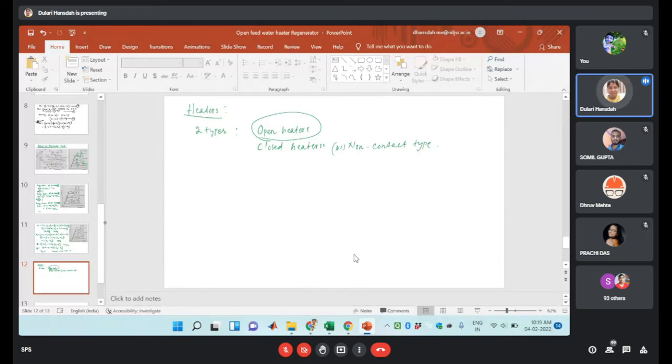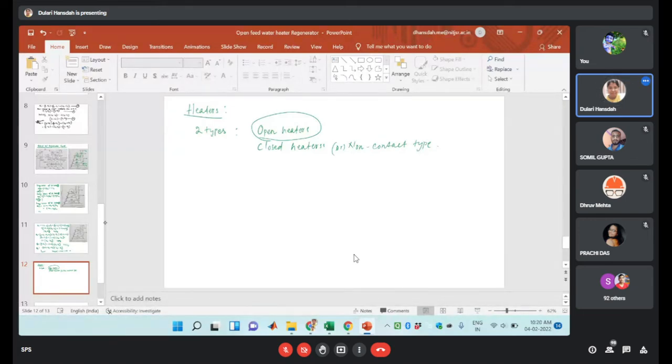In this case, the feed water will flow through the tubes, and outside of the tubes the extracted steam will flow, and the feed water will take the heat from that extracted steam. Okay, and the temperature will increase. So by taking the heat of the steam, the feed water will leave the heat exchanger. So I can say it is one type of heat exchanger. That will go to the boiler.